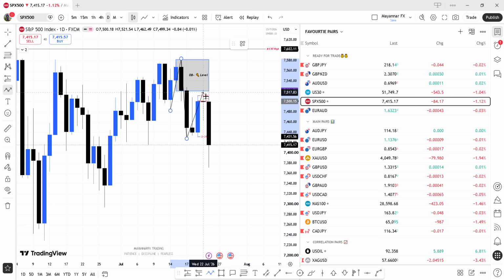Sorry guys. A bearish market is supposed to create a high, then another low. So this was my expectation, and it played out exactly as I wanted it to play out.